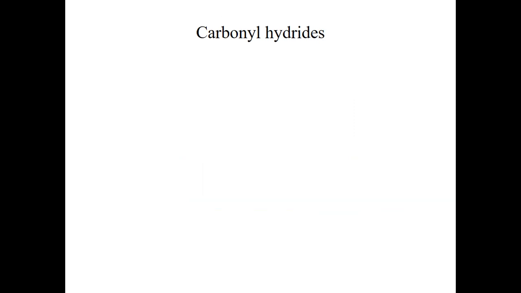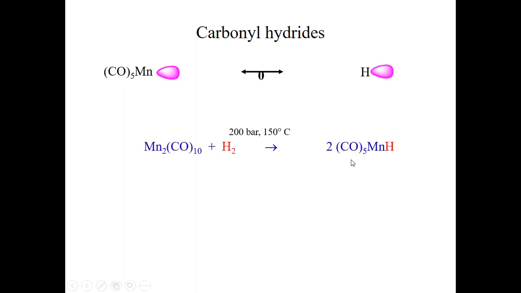So for instance, if we replace the cobalt by manganese, then the respective 17 valence electron fragment would be the manganese Mn(CO)5 fragment. So we would expect a stable hydride of the composition Mn(CO)5H. And again, you could make it from the respective dimeric carbonyl and hydrogen at elevated temperature and pressure.